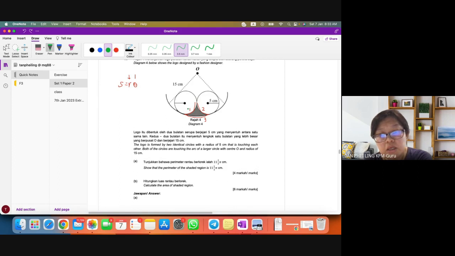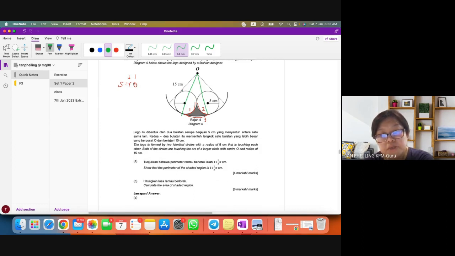So these are two identical circles with radius 5. When they touch together, let us put here, let's say this one radius is 15, and this one the radius is also 15. Am I right?